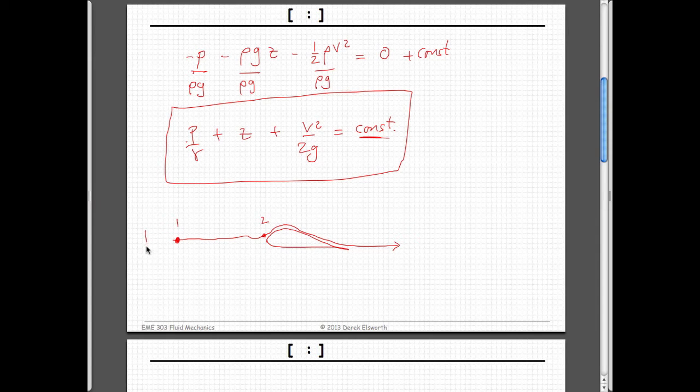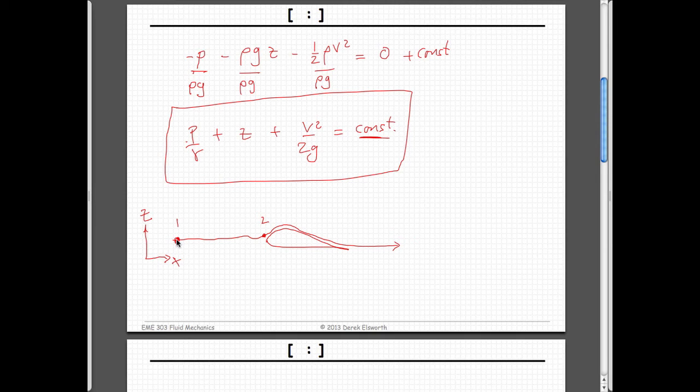And it also matters that our coordinate system is now, this is the z direction, and we're interested in writing this not in a particular x direction, but along a streamline. It happens in this case that the streamline is kind of in the x direction, but all that matters is it physically has to be the same streamline.